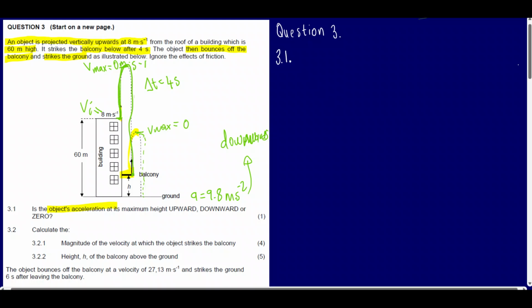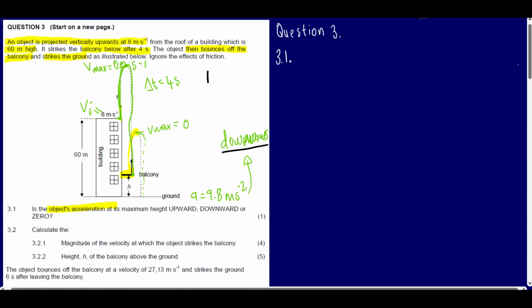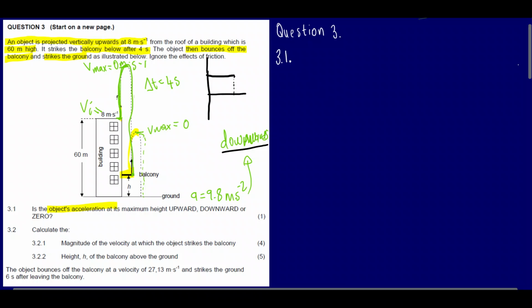Throughout a projectile, at every single point, we always have the acceleration going downwards, except for when the object bounces. At the point where it bounces, the acceleration is not 9.8. If you take a look at the acceleration graph, you might have seen that it's always a straight line, and when we involve bounces, it gets affected.